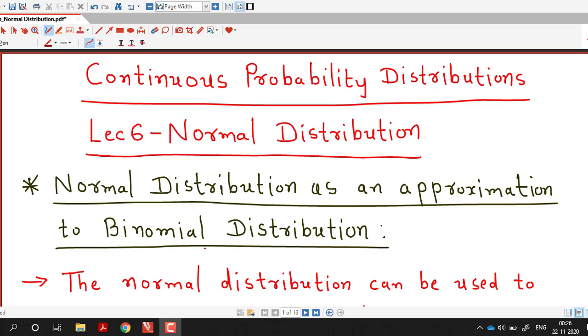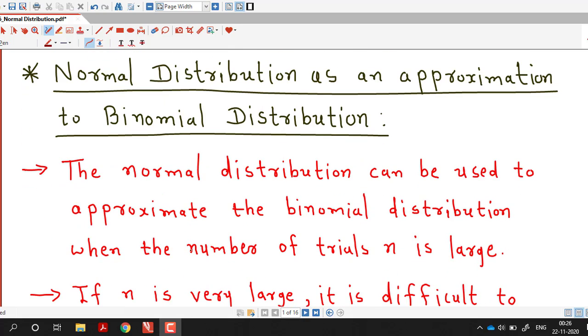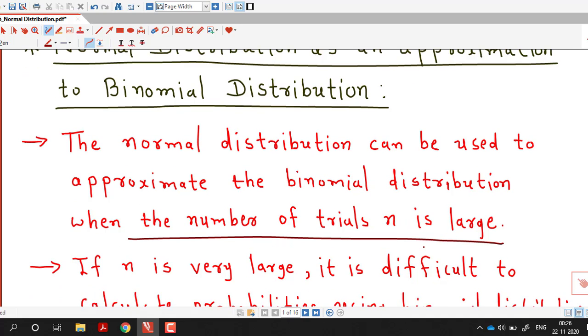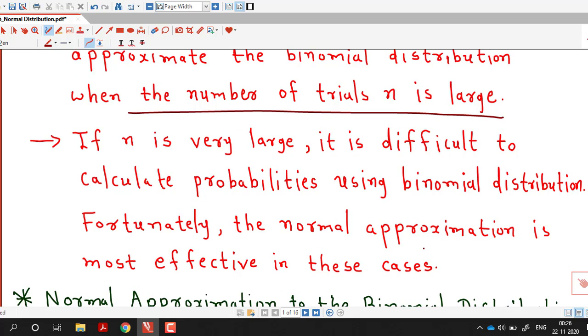In those cases, we can calculate binomial probabilities using normal distribution as an approximation if it is possible. The normal distribution can be used to approximate binomial distribution when the number of trials n is very large. If n is very large, it is difficult to calculate probabilities using binomial distribution.